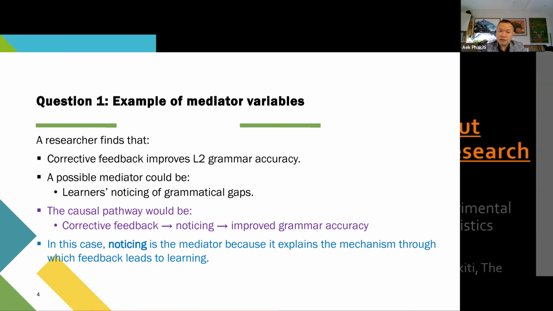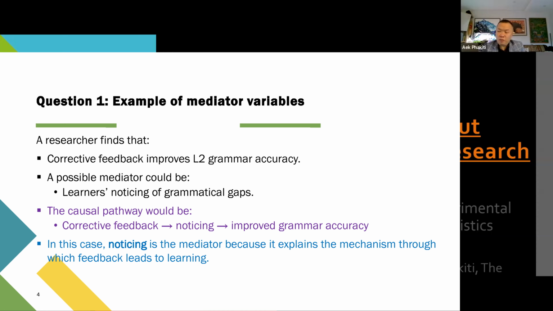So in this case, you can see that the causal pathway would be something like you provide corrective feedback to learners, and learners must notice. If they don't notice, they can't improve their grammatical accuracy. So noticing itself here is an example of a mediator.